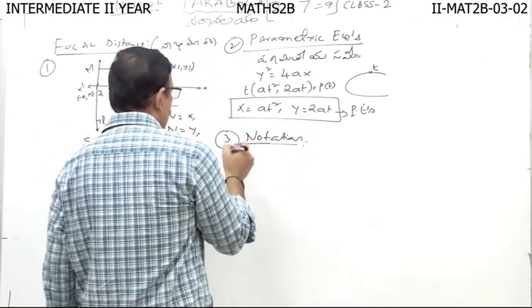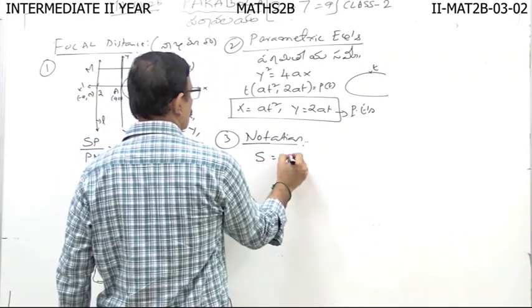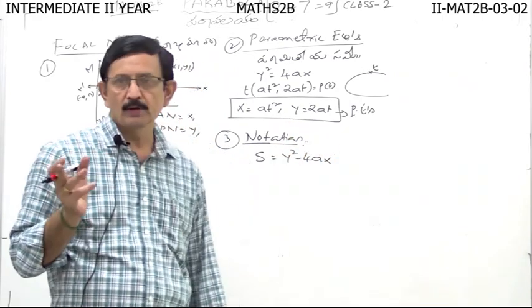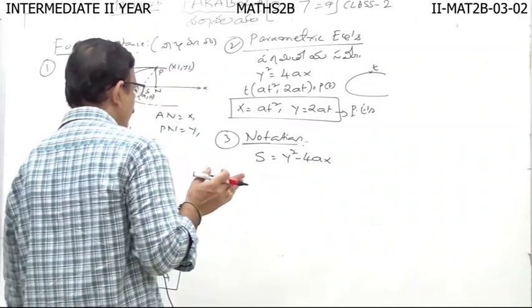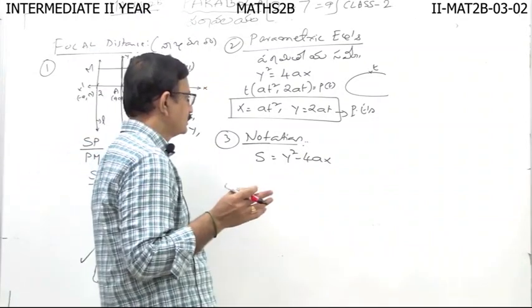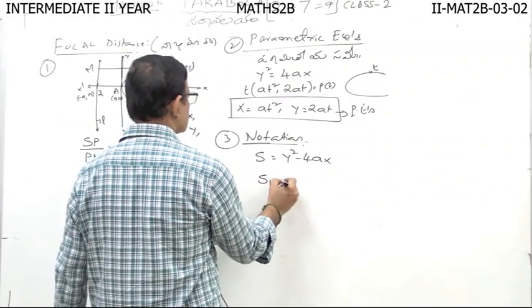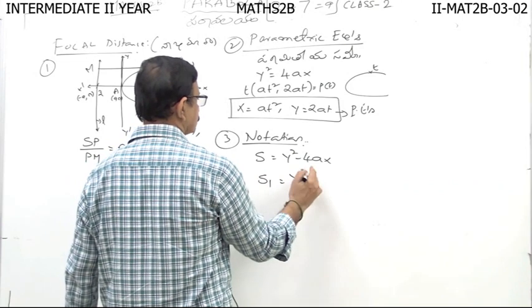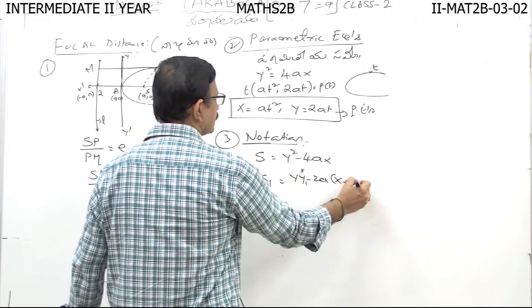Now the notations are: S = y² - 4ax. We know y² = 4ax is the standard form, and that is represented by S. So S is equal to y² - 4ax. Similarly, suppose S1. What is the meaning of S1? It is yy1 - 2a(x + x1).